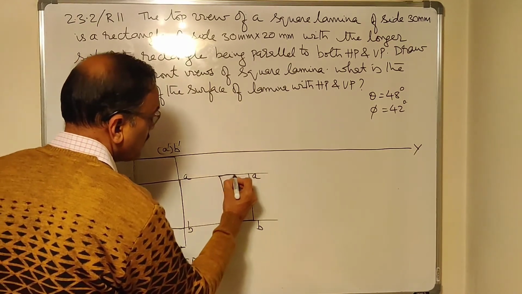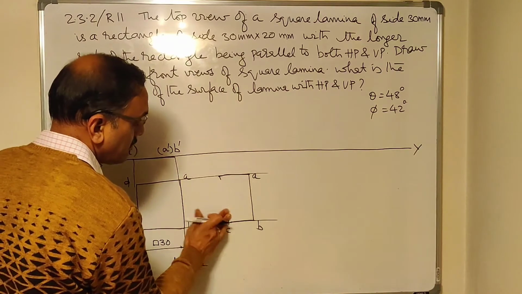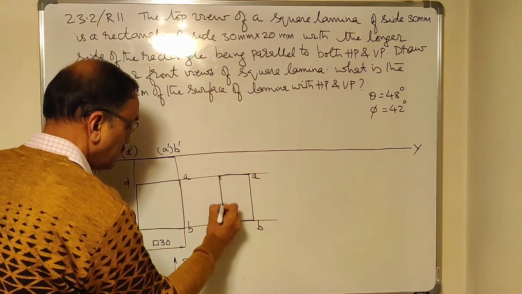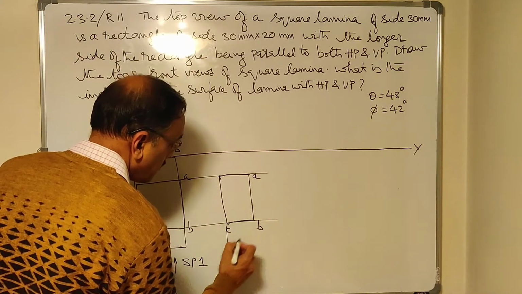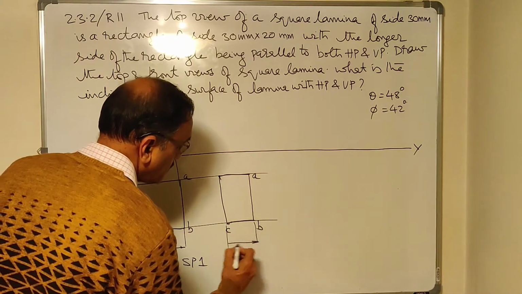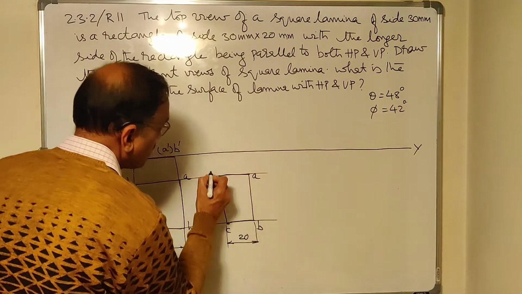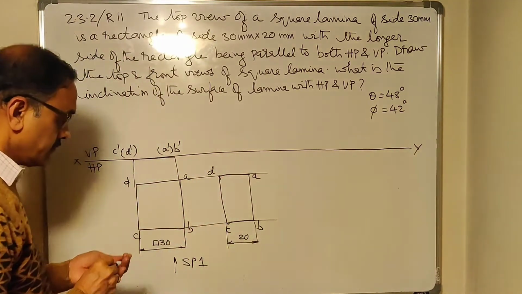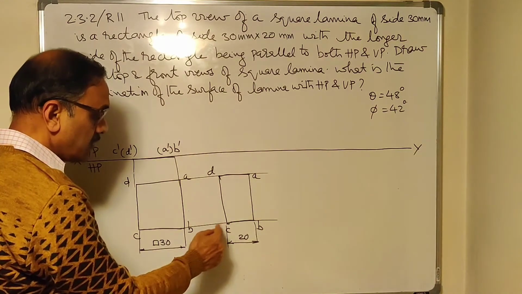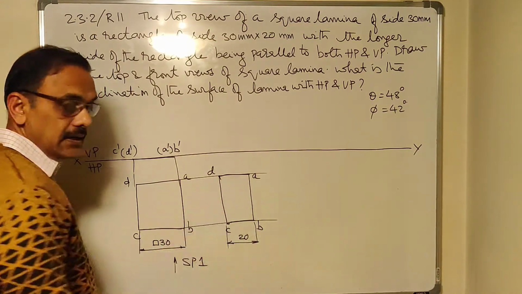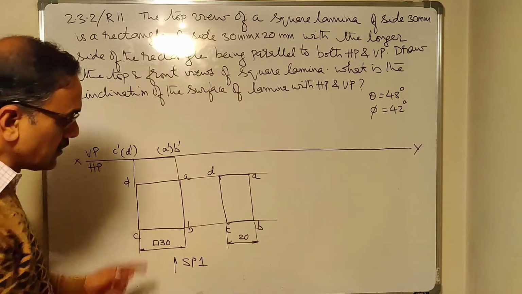So you have converted a square into a rectangle now. You should show this dimension. So 30 is taken as it is. This I have reduced from 30 to 20 and completed the rectangle. This is what is given.